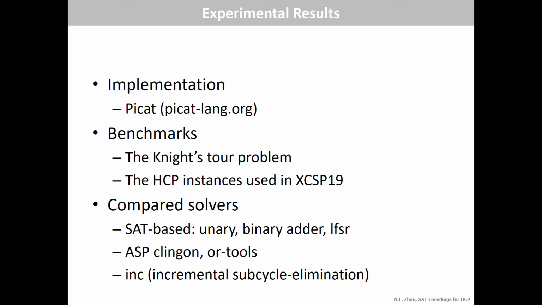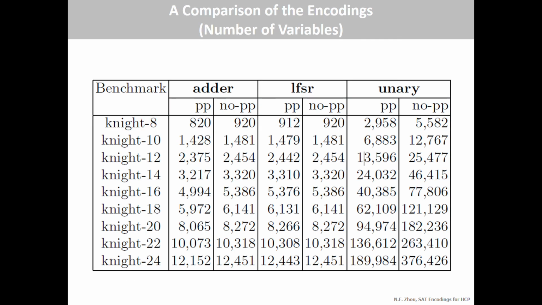In addition to the SAT encodings, we also included in this comparison the Klingos ASP solver and O2's CP solver. We also included an incremental SAT solver, which incrementally generates subcycle elimination constraints.